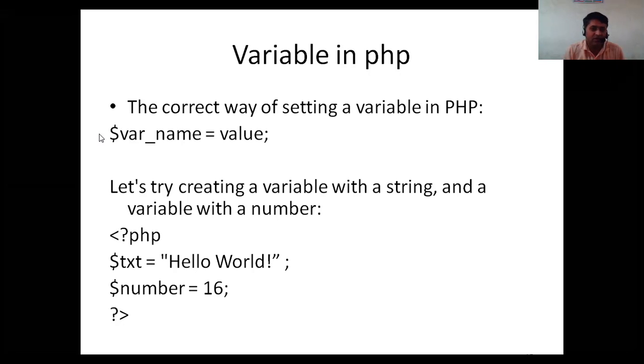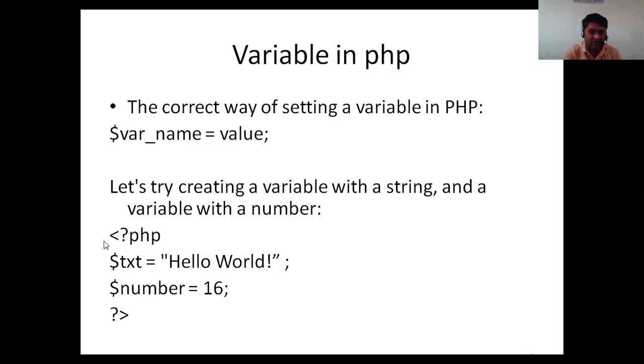For example, $var_kkw = 1. It means we store the value one in that variable name. Look at this example of PHP code. It starts with less than sign, question mark, php, and here we declare two variables, $txt and $number. We assign the values hello world and 16.